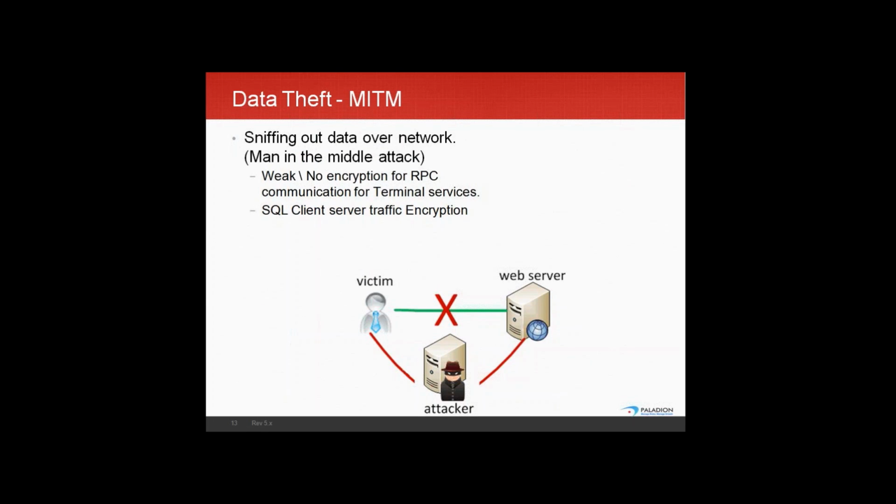They try to position themselves between the network and any data which is unencrypted going out from the target server to the actual audience. They just reconstruct the messages and try to steal the data. It can happen if you don't have any encryption set for your RPC communications, so the SQL client server traffic is not encrypted.